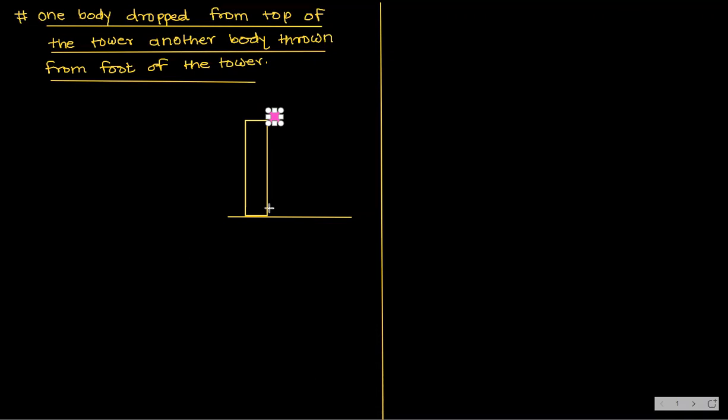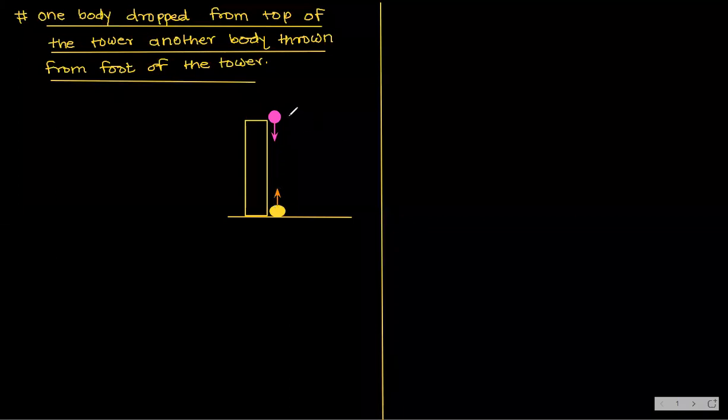Another body which is thrown from the foot of the tower is denoted with yellow color. You can see in the diagram.